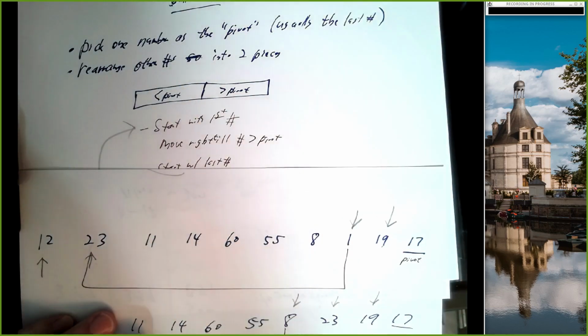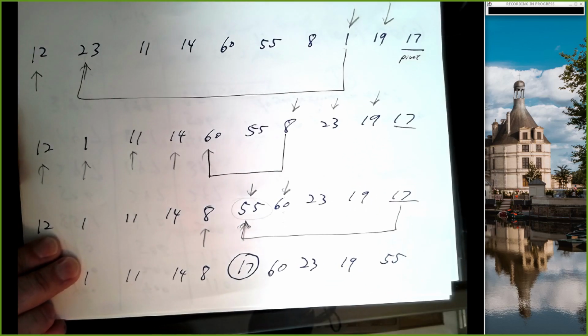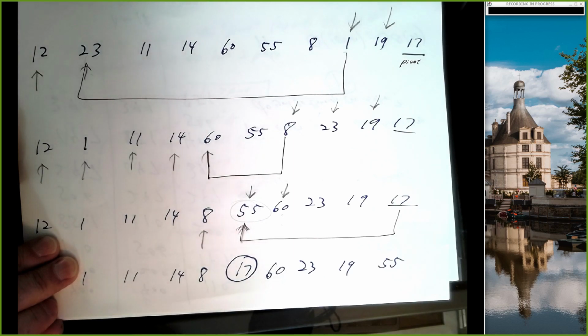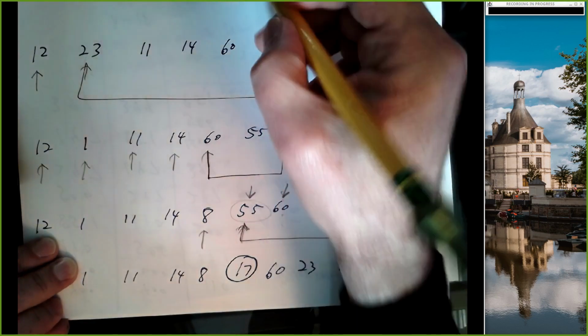So what is the order of complexity of this main pass? This thing that we just did. Yeah, this is order n.